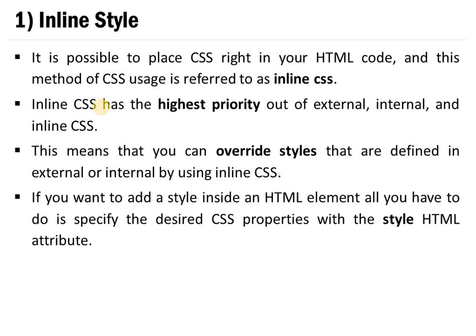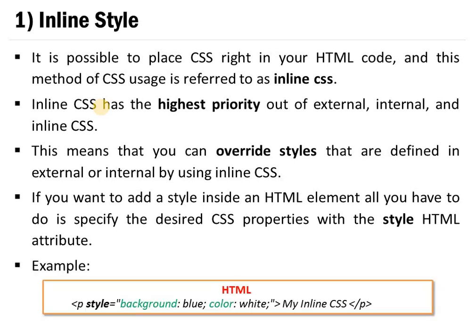If you want to add a style inside an HTML element, all you have to do is specify the desired CSS property with the style HTML attribute. You have already gone through it, but you may not know that you have applied a CSS style. For example, there is my HTML code and my HTML tag, that is the p tag. Now look at that.